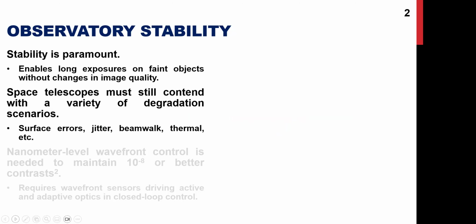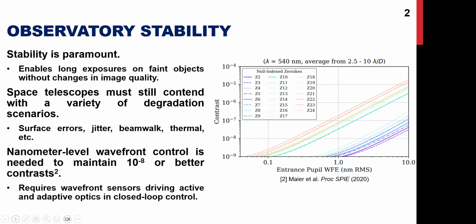But the problem is that if you have a space telescope, we're not talking about the ground because the atmosphere is bad, even in space we still have to contend with a variety of degradation scenarios: surface errors on your optics, jitter of the observatory itself, beam walk as your observatory jitters or has pointing errors, thermal gradients that change every time you reorient the telescope, etc.